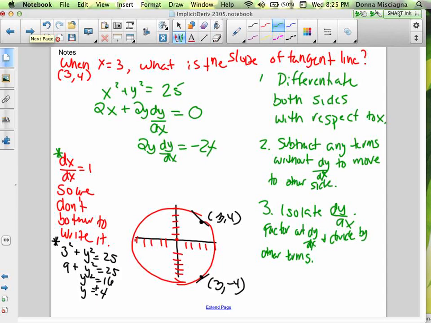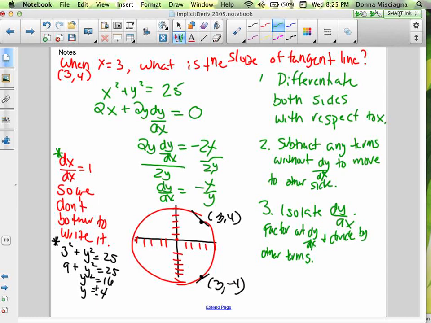And now we want to solve for dy dx, which means we will divide both sides by 2y. And that gives us dy dx equals negative x over y, because we'll reduce those 2's, right? So we divide both sides by 2y, we'd have dy dx equals negative 2x over 2y, but there's no reason you can't just reduce and get negative x over y.